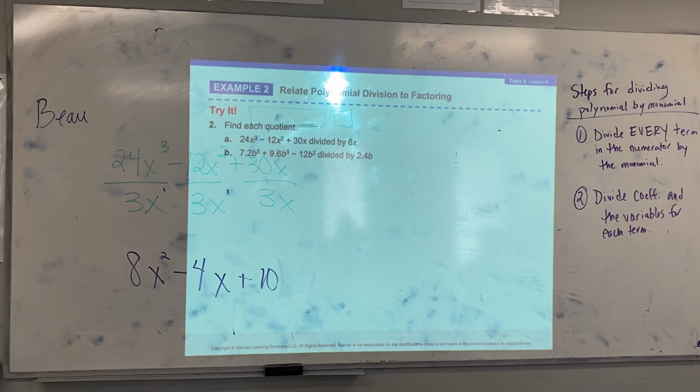That's correct. It says divided by 2.4b. You put 2.4b instead, but I'm not sure why. A is correct.